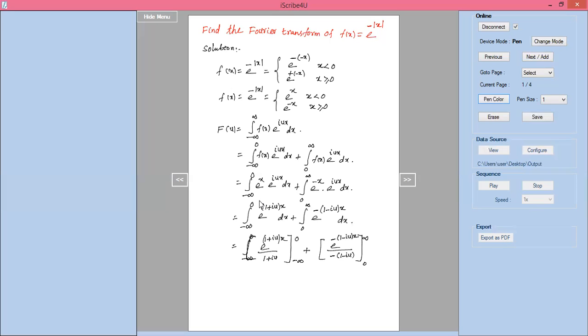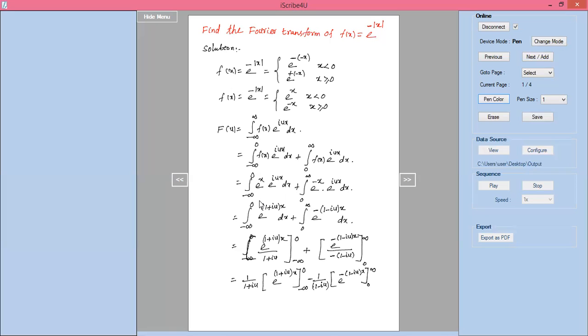Now if I apply this: 1 divided by 1 plus iu into e power of 1 plus iu into x, limit minus infinity to 0, minus of 1 divided by 1 minus iu, e power of minus of 1 minus iu into x, limit 0 to infinity.